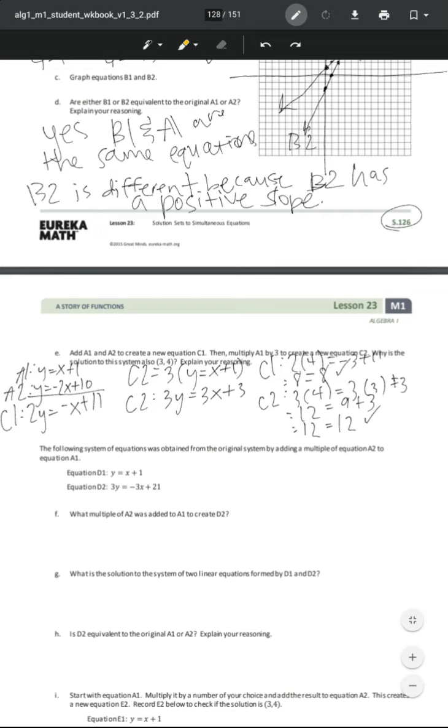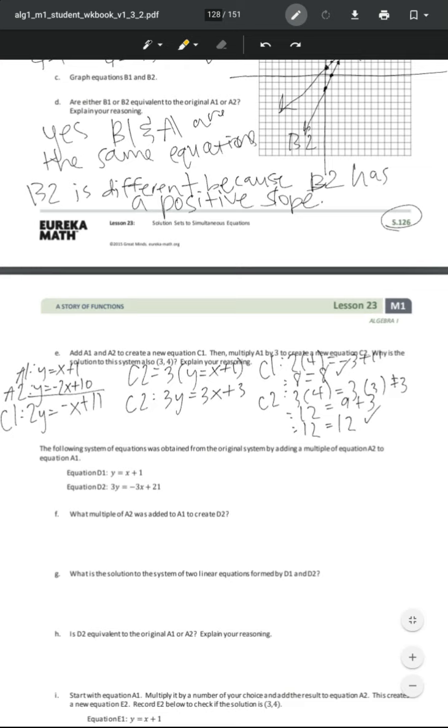It says the following system of equations was obtained from the original system by adding a multiple of equation A2 to equation A1. Part F says, what multiple of A2 was added to A1 to create D2?